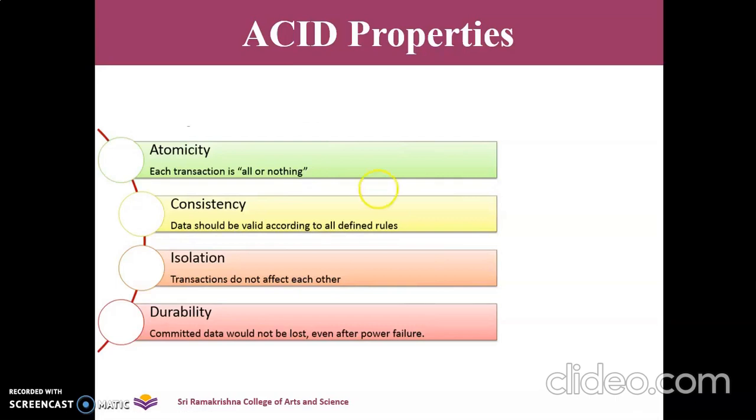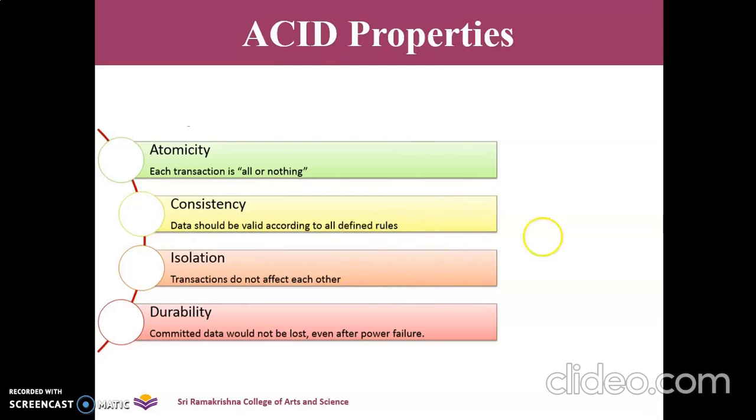So far we have discussed the ACID properties. Atomicity makes sure each transaction follows the all or nothing rule. Consistency makes sure that data is valid according to all defined rules, so our database is in a consistent state before and after the transaction.